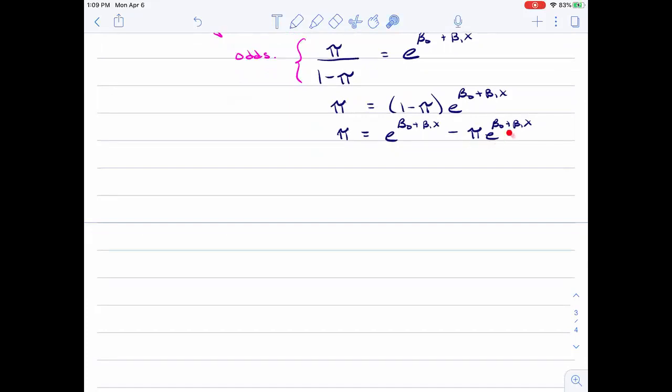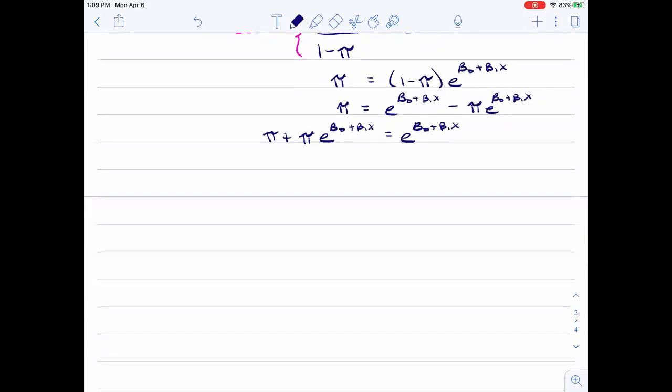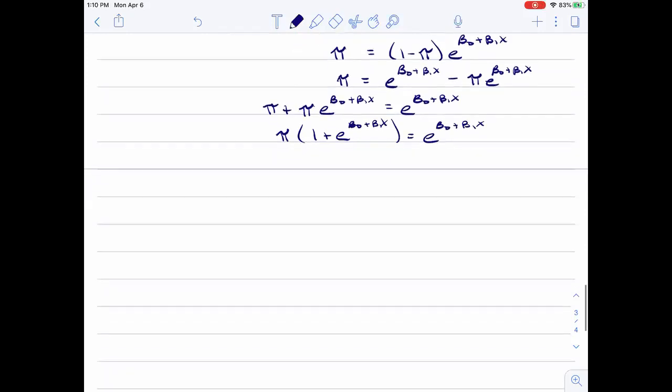Bringing this pi over to the left-hand side, I get pi plus pi e to the beta naught plus beta 1x is e to the beta naught plus beta 1x. Pulling out this common pi, I get pi times 1 plus e to the beta naught plus beta 1x is e to the beta naught plus beta 1x.